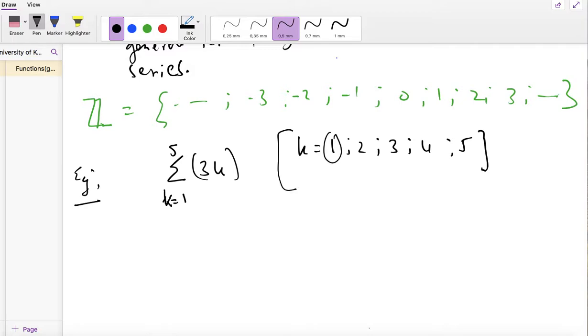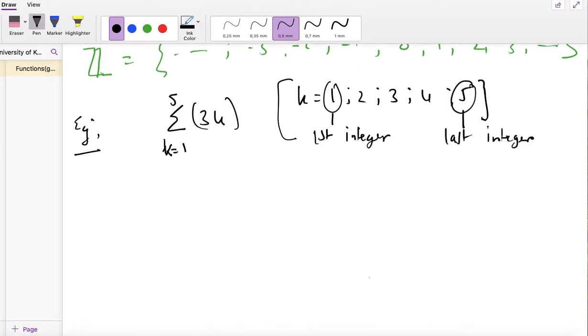Okay, so this is the first integer. And this is the last integer that we substitute into the general term to generate the terms of the series.